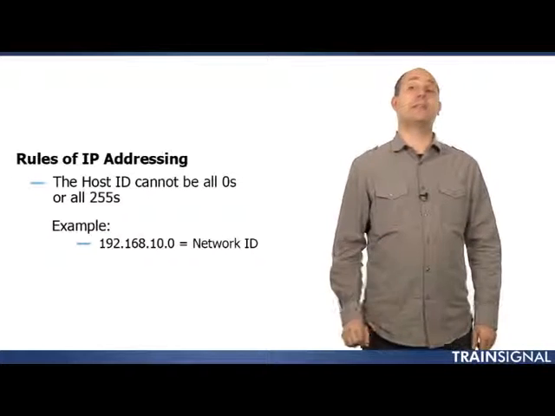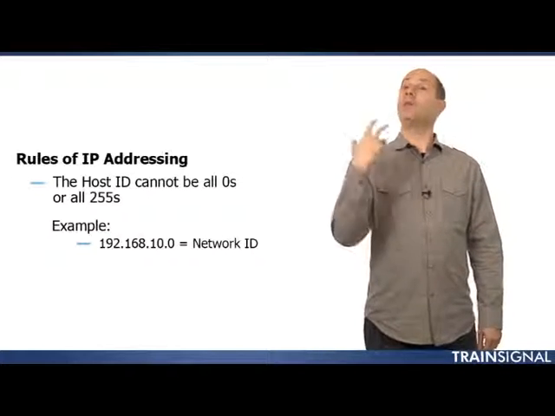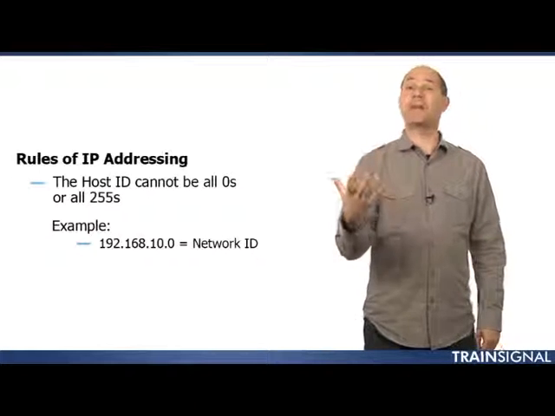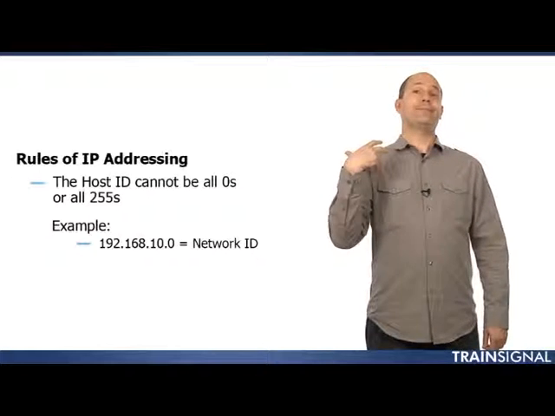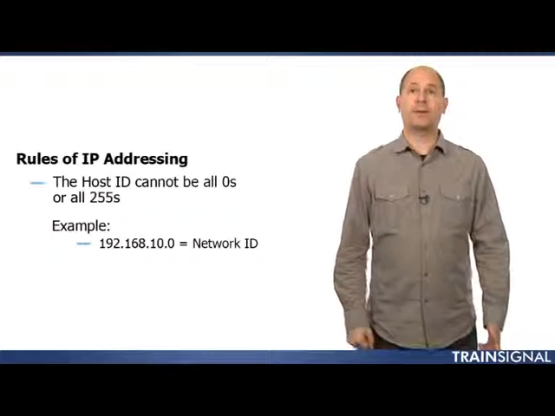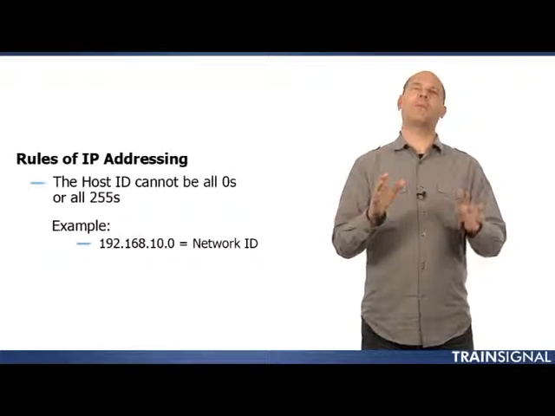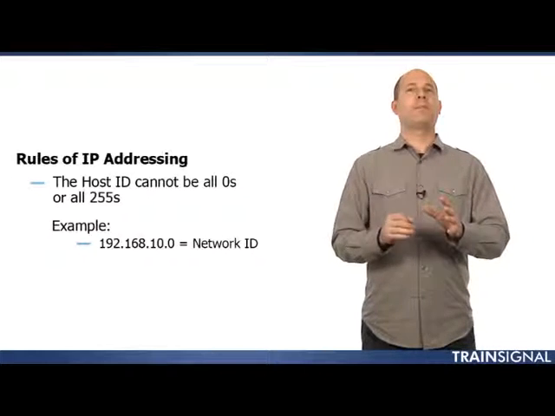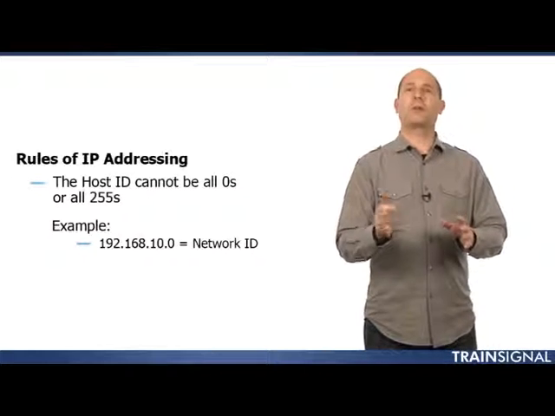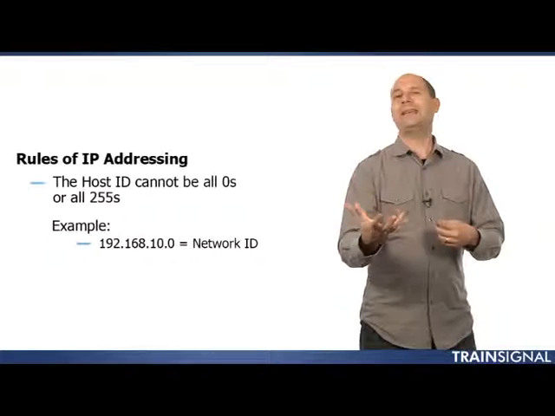What that technically is, is known as the network ID, or the network representation for the 192.168.10 network. I hope that wasn't confusing, because I know there are pieces that will come together in other lessons, but that's why you can't use all zeros, because that represents the network ID.